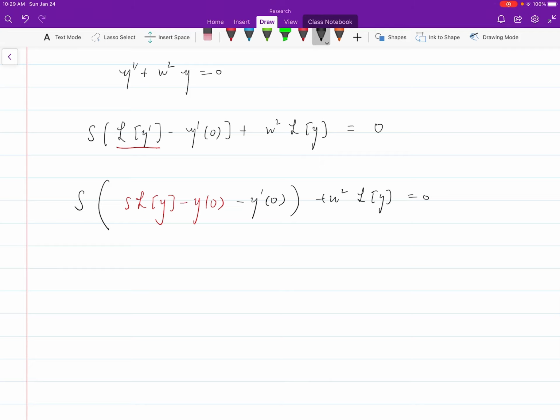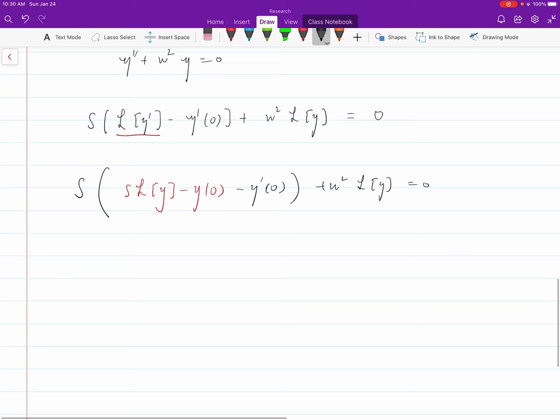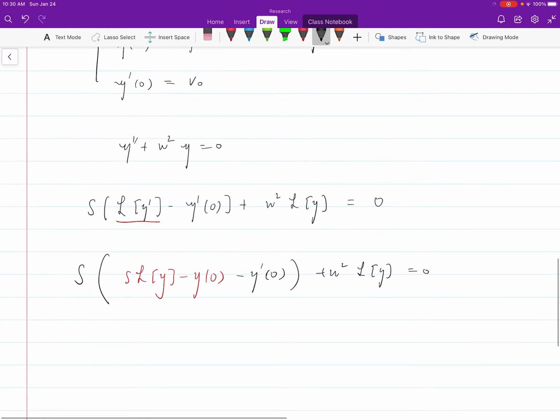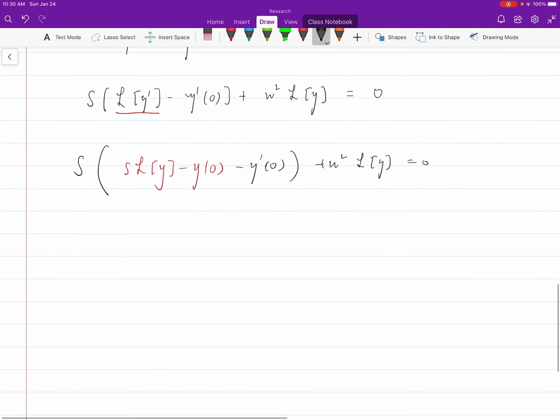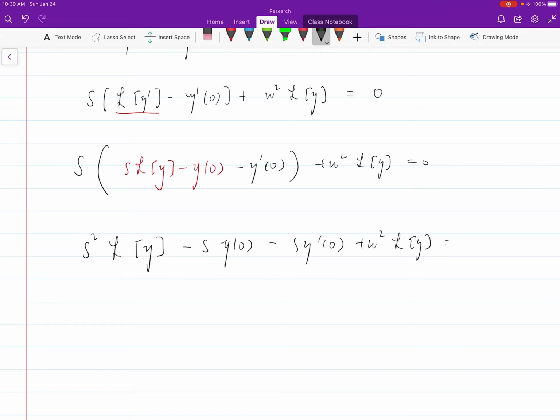Now, what do we have? We have a lot of numbers, and we do have a lot of Ly. We just need to put all the Ly together. Somehow something is wrong. What did I do here? Oh, I'm only doing the undamped. All right. Okay. Minus sy0 minus y prime 0 plus omega square Ly equals 0.